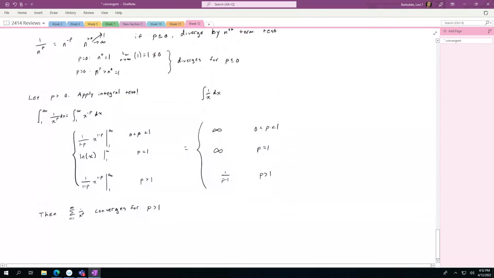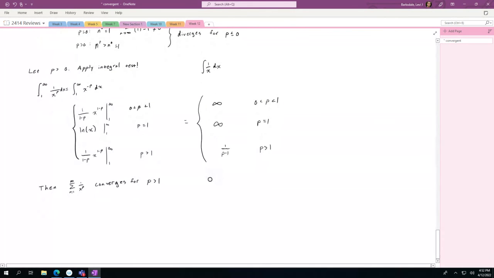We also showed that if p was equal to 1, between 0 and 1, and smaller than or equal to 0, so basically anything less than or equal to 1, it would diverge. And this is our p series test.